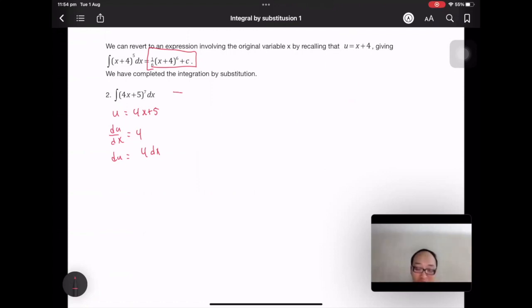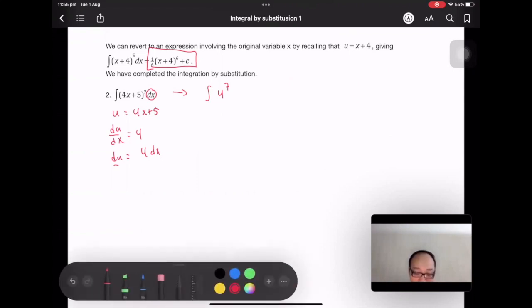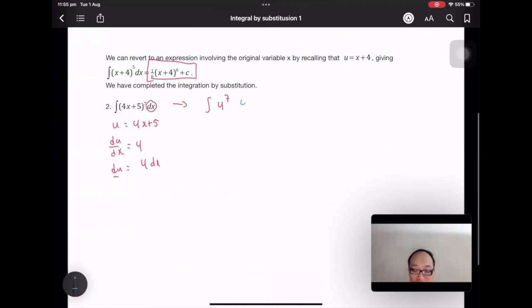So changing the expression is integral u to the power of 7, and dx should be changed into du. So because du is 4 dx, that means I can change it into du divided by 4.